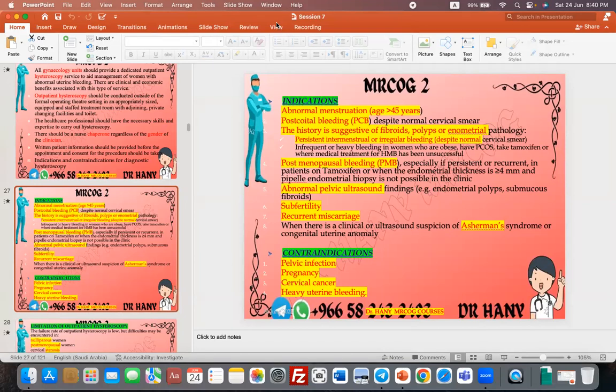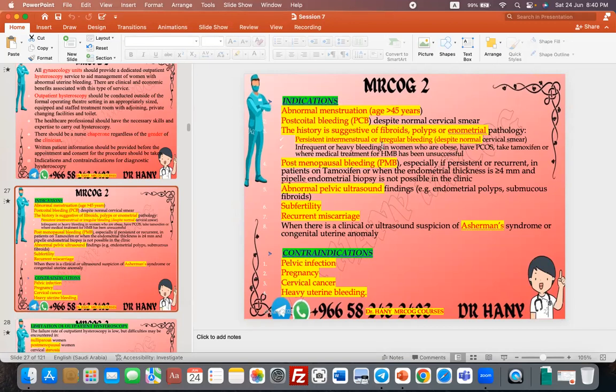Sir, if this patient is less than 45 years, then we will do TVS. Yeah, the criteria should be met, my dear. Irregular vaginal bleeding, but the patient is not obese or not more than 45, so no indication. Because you see here, persistent intermenstrual bleeding or irregular bleeding despite normal cervix, he didn't highlight whether it is more than 45 or not.